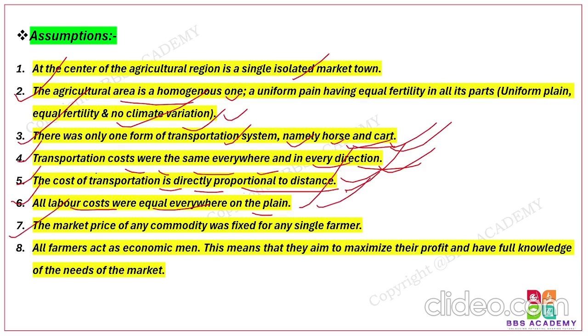The seventh assumption was that the market price of any commodity was fixed for any single farmer, and the last assumption was that all farmers act as economic men. This means that they aim to maximize their profit and have full knowledge of the needs of the market. These are the assumptions given by von Thunen for this agricultural location theory, and these assumptions are the base of this theory.